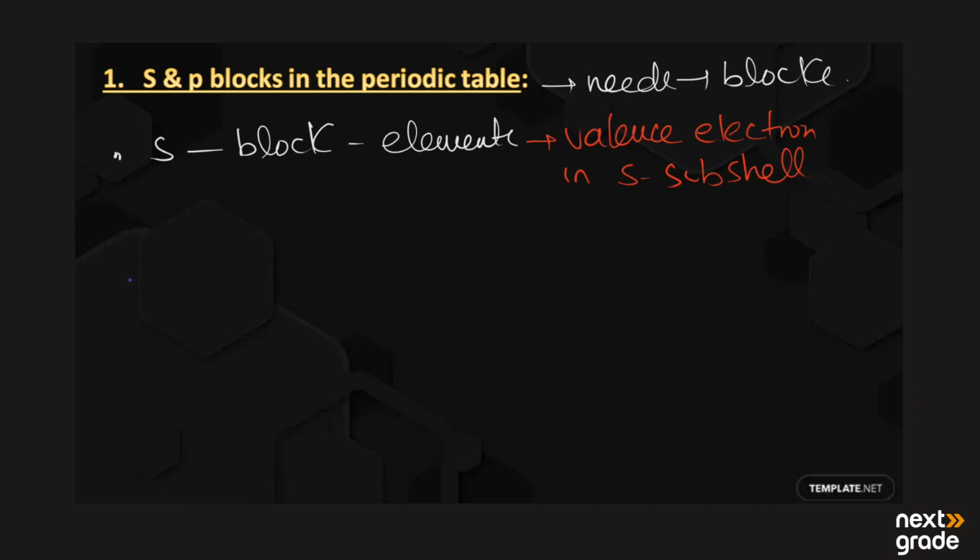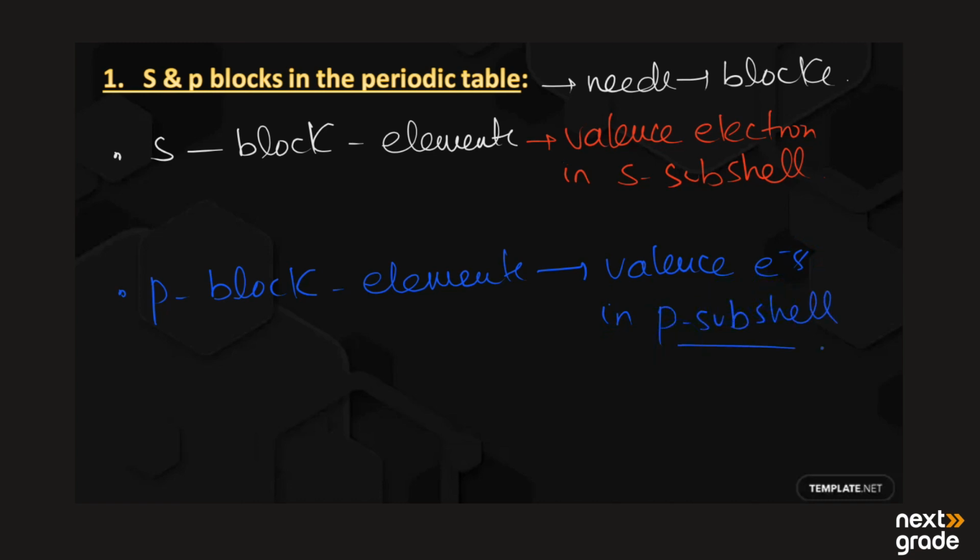On the other hand, P block elements have their valence electrons in the P subshell, so that's why they are known as P block elements.